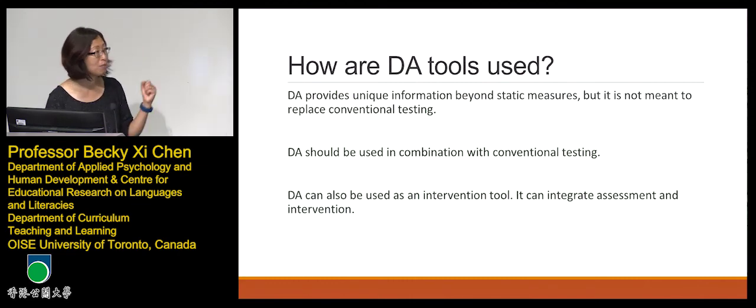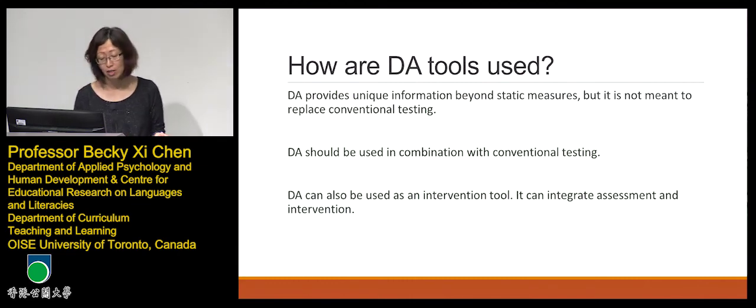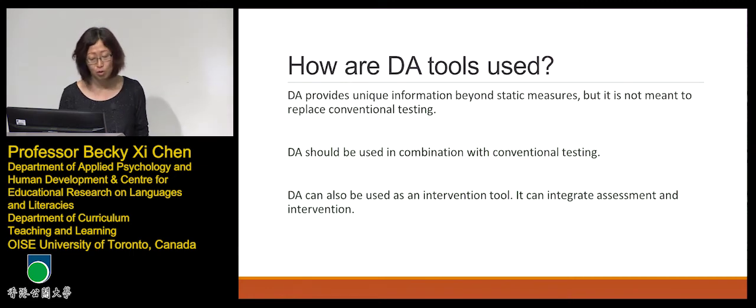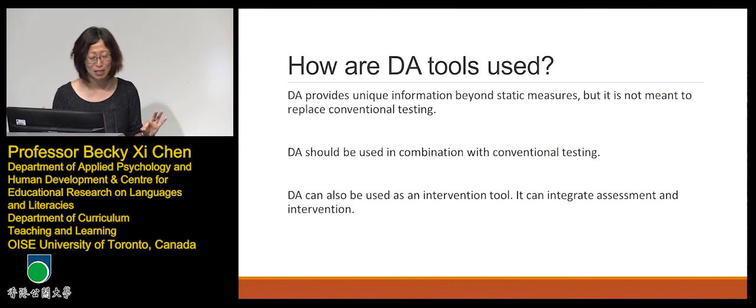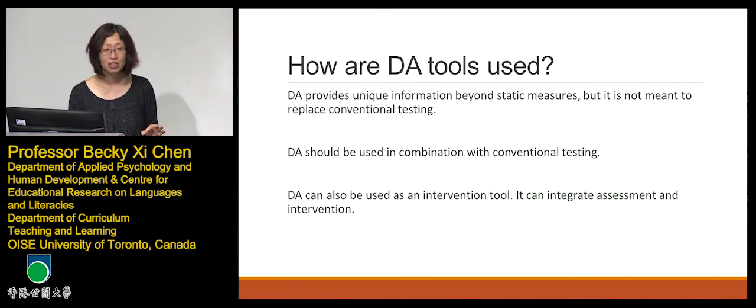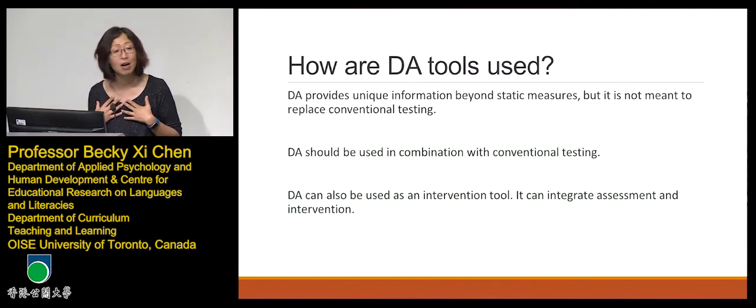And because dynamic assessment has a teaching component, it can also be used as an intervention tool. In some studies, they use dynamic assessment for intervention. Actually, that's also the goal for our research.